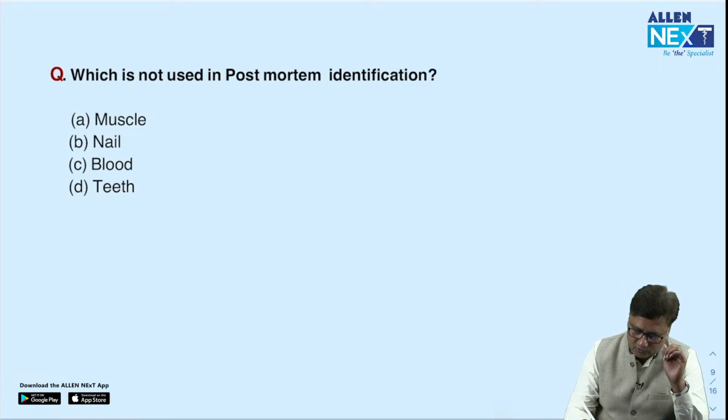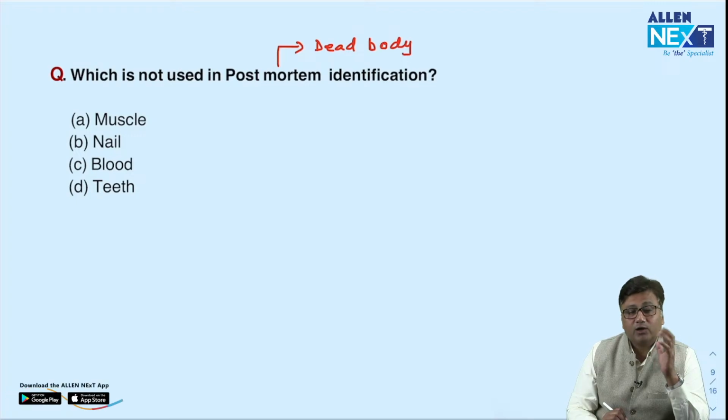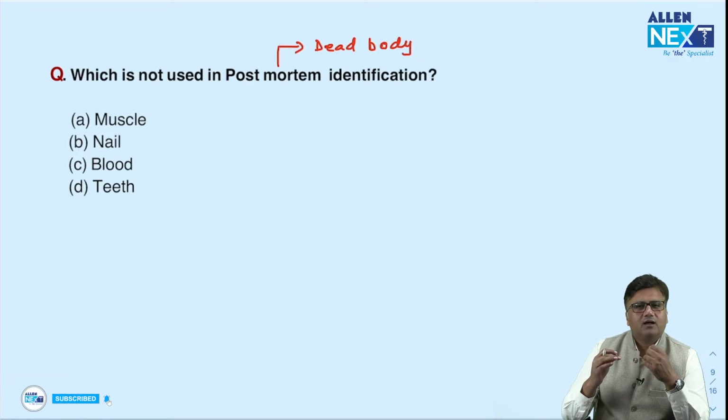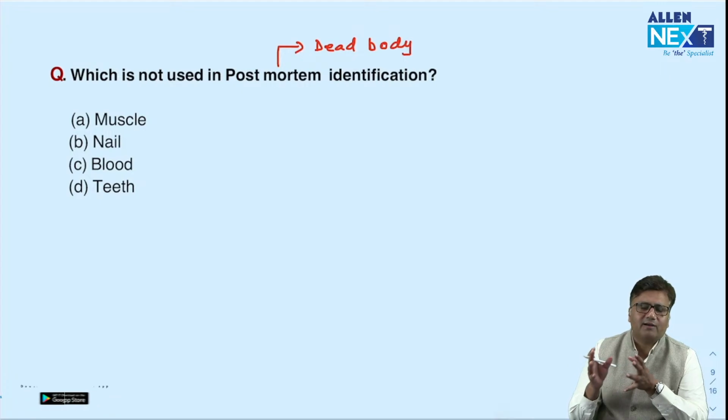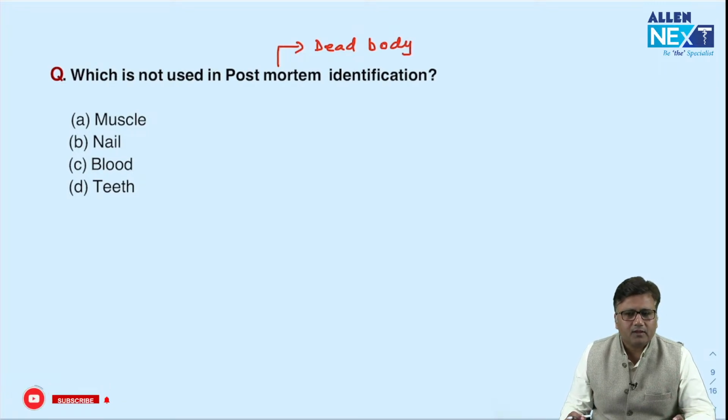So when we talk about post-mortem, we talk about a dead body, right? We talk about a dead body, and one of the aspects of conducting post-mortem is identification of the dead body itself. See, when the person is dead and he has kids and kin or family relatives to identify the body, then identification of that dead is not that difficult.